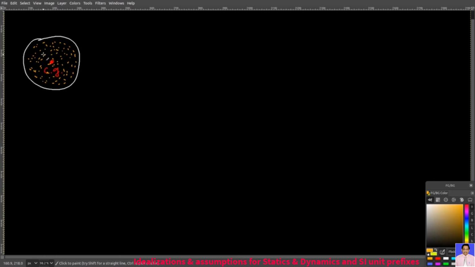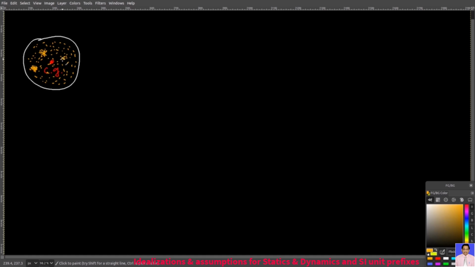But in reality, you have certain areas inside the Earth that are more dense than other regions. You can see that here, for example, your density is higher here and here as well compared to the other regions.